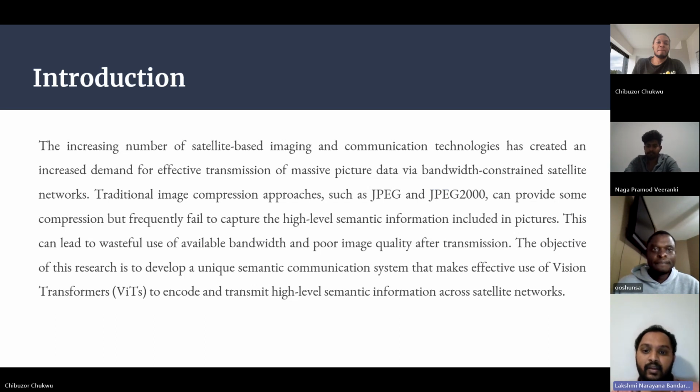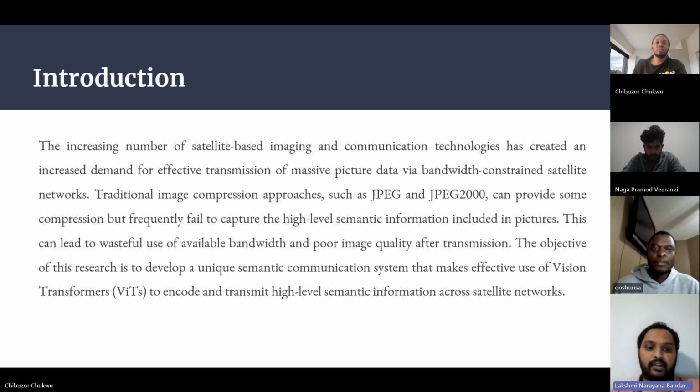Traditional image compression approaches such as JPEG and JPEG 2000 can provide some compression but frequently fail to capture the high-level semantic information included in the pictures.